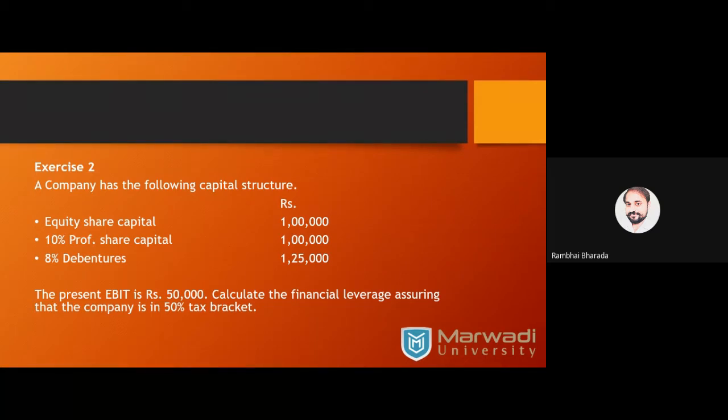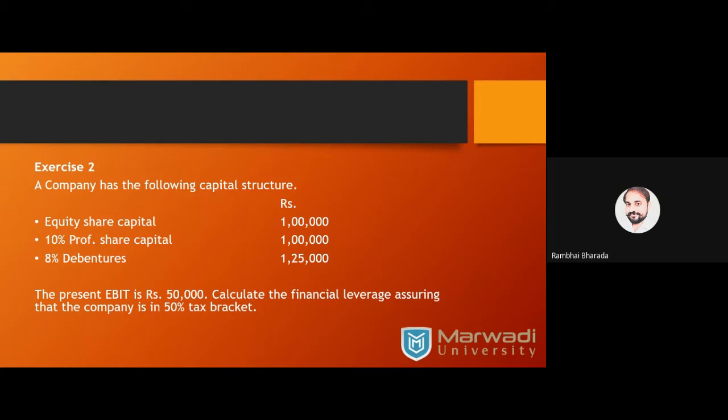So here PBT is equal to EBIT minus I. EBIT is 50,000 and interest is 10,000. So profit before tax is 40,000. Profit before interest and tax is 50,000, and profit before tax is 40,000. 10,000 is interest on debenture.